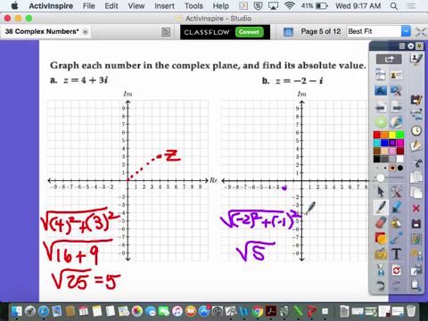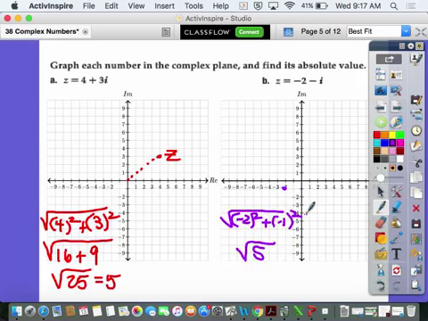At no point in time should you ever have a negative underneath the square root when you're doing any version of Pythagorean theorem, whether it's to find the absolute value of a complex number, to find magnitude, or to find r when you're doing polar coordinates, okay?